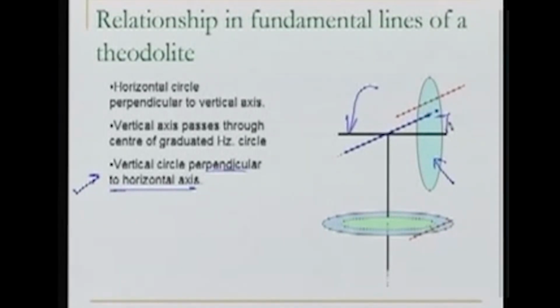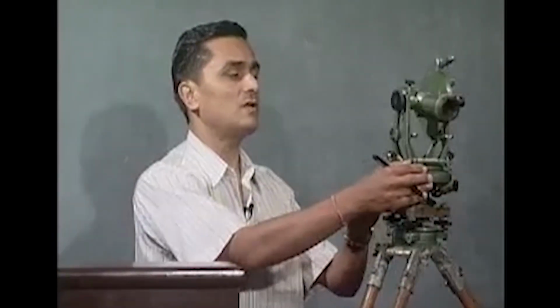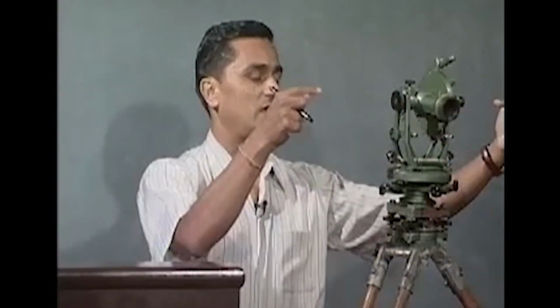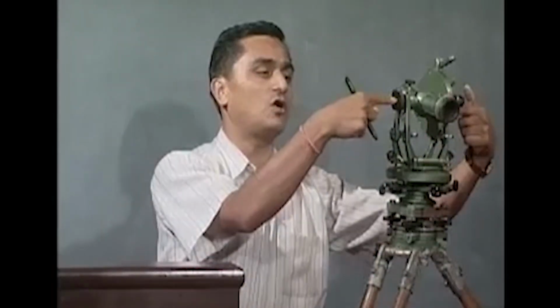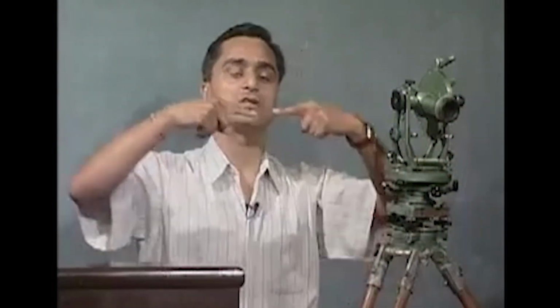As you can see here in the theodolite, this is our horizontal axis, that's the vertical circle. So this vertical circle should be perpendicular to the horizontal axis. Again, why? Because by making this instrument leveled, by making the vertical axis vertical, this horizontal axis will be horizontal.